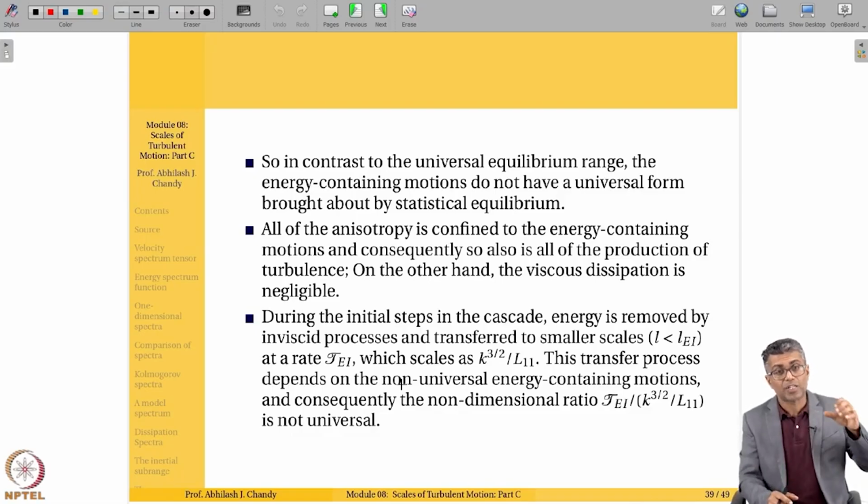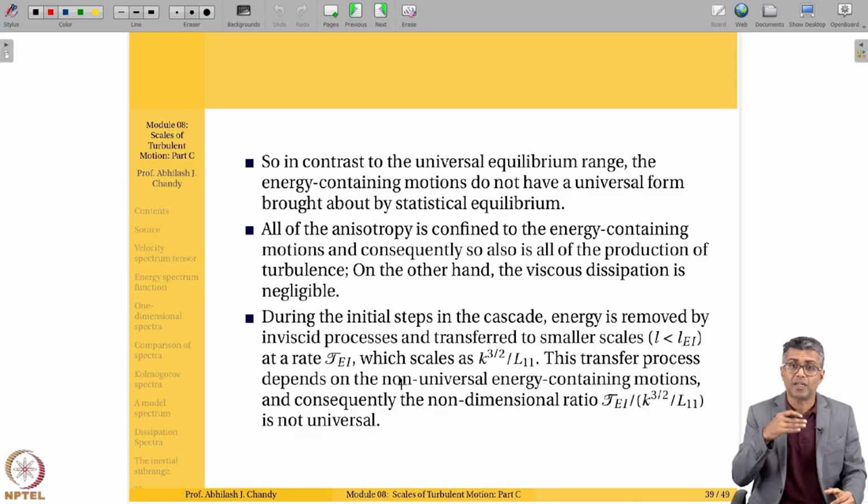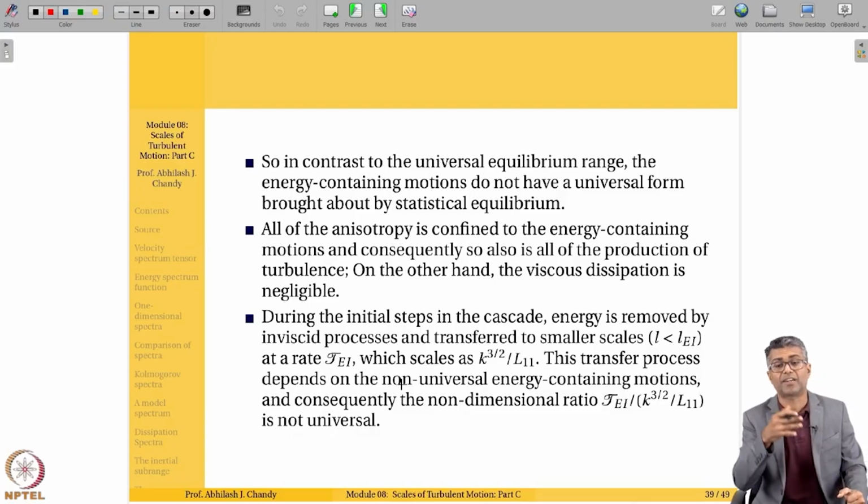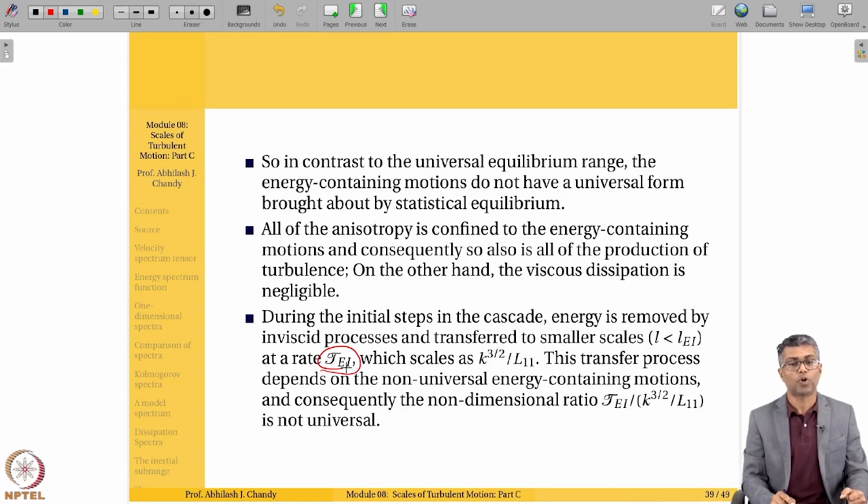So that is what leads to the scale breakdown, which means that in the initial step, energy is removed from the large scales through this process, and then transferred to the small scales at a rate, let's call it tau_EI or TEI.